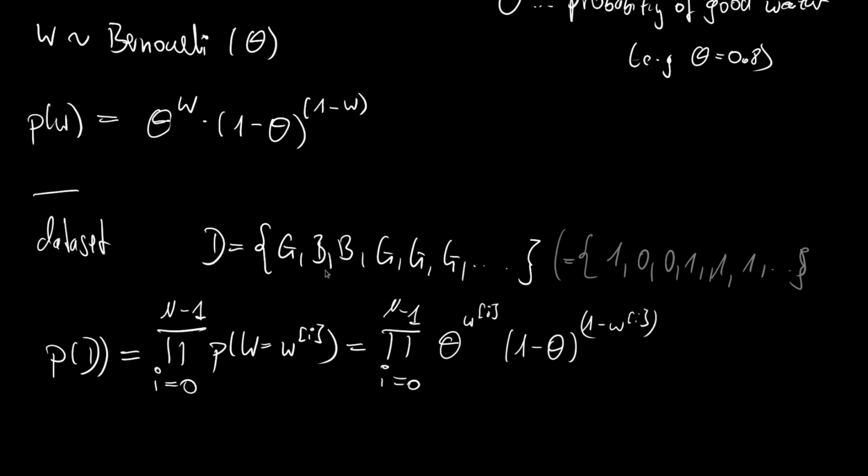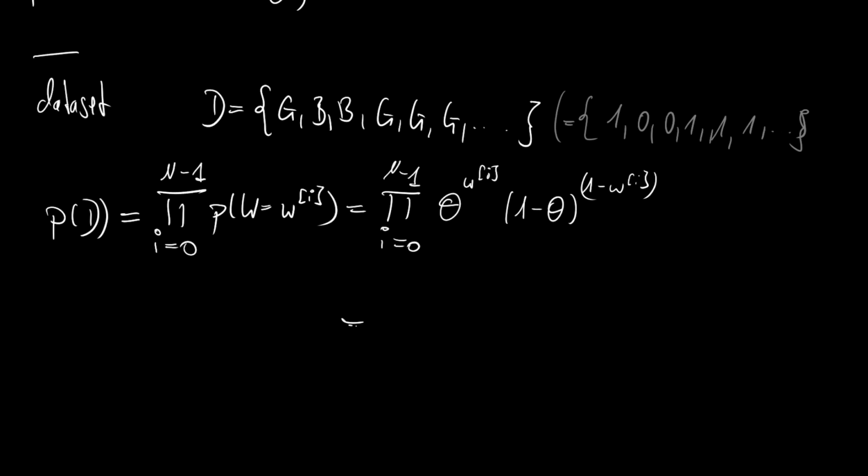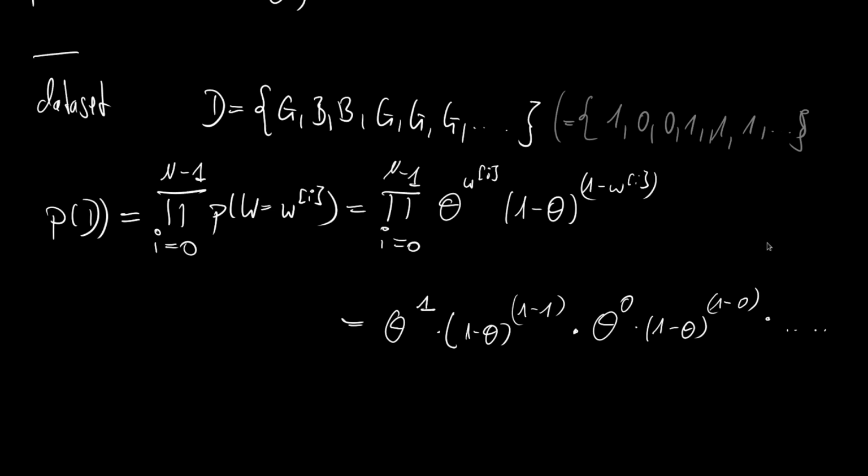Let's plug this in for the first two components, and we get theta raised to the power of 1 times 1 minus theta raised to the power of 1 minus 1, times theta to the power of 0 times 1 minus theta to the power of 1 minus 0, and so on and so forth.